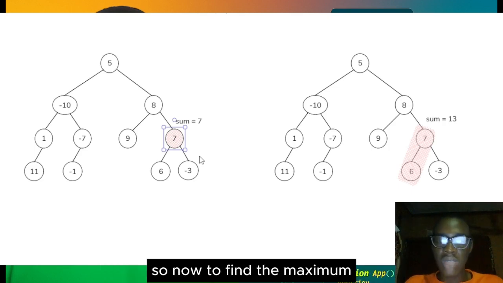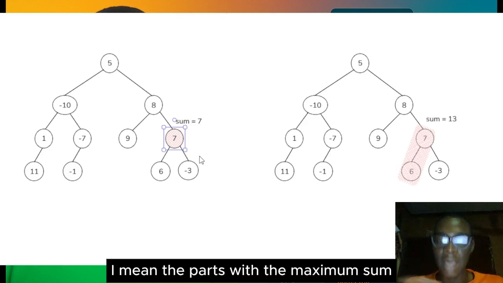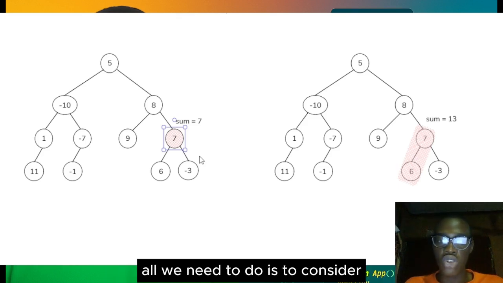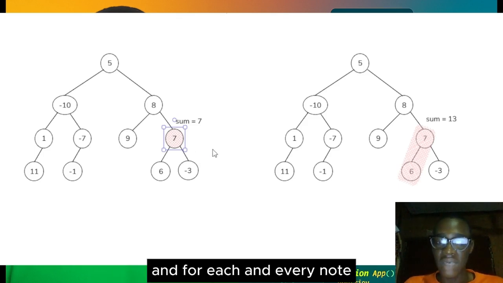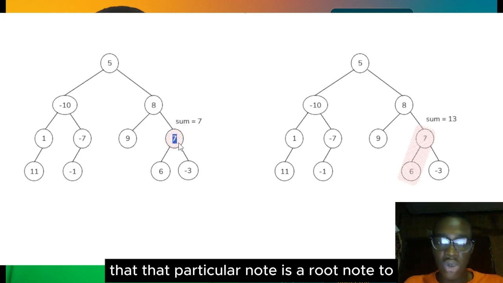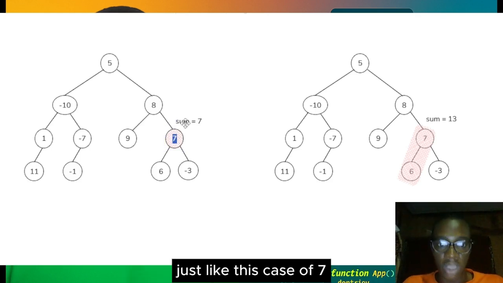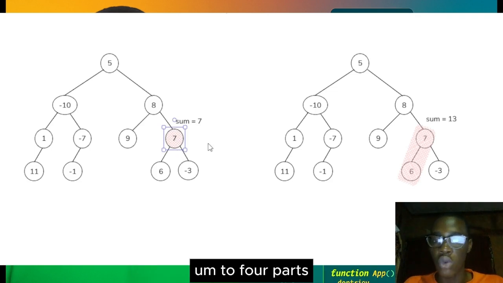So now to find the path with the maximum sum, all we need to do is to consider each and every node in the binary tree, and for each and every node, we consider all possible paths that particular node is a root node to.